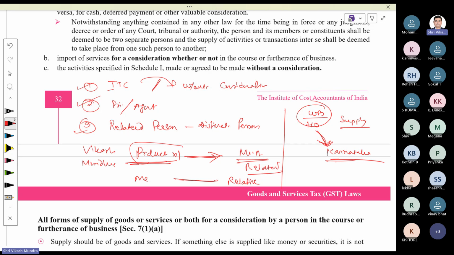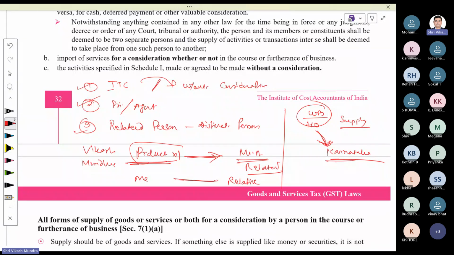Why no? To become related, I need at least 2%. Can I say that me and my branch are related to each other? It is absurd. Me and my branch are the same person. We are not related. Don't you think so?